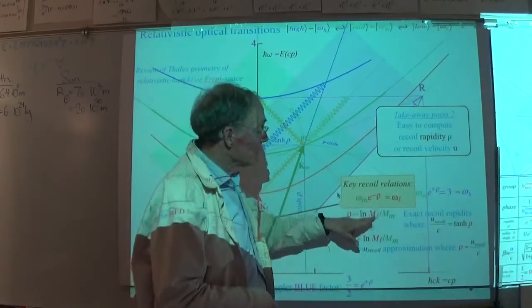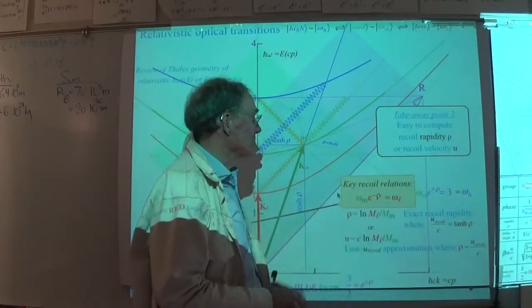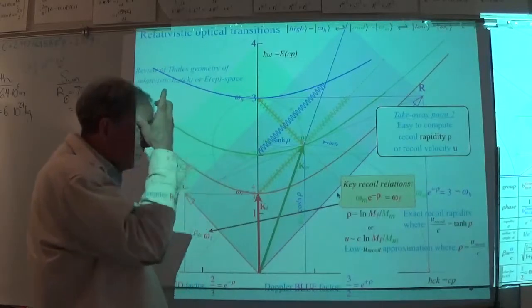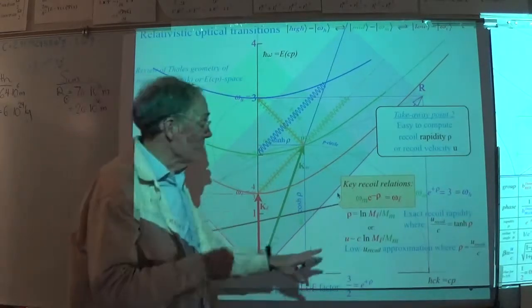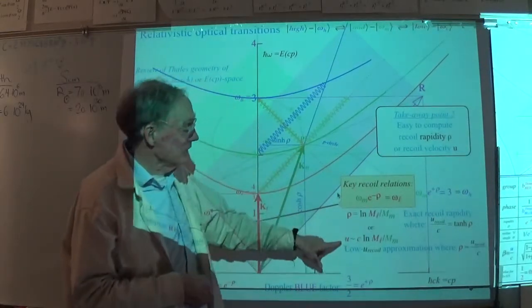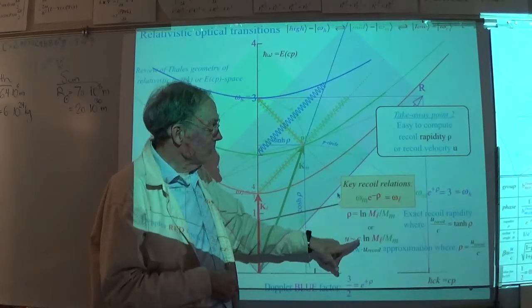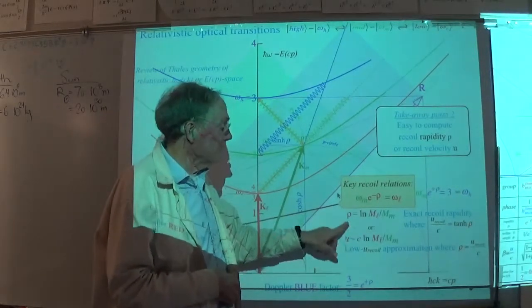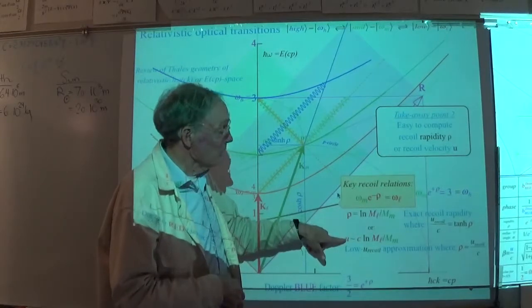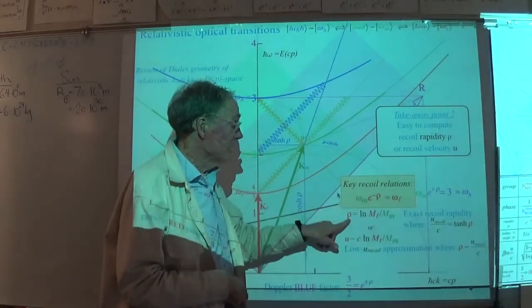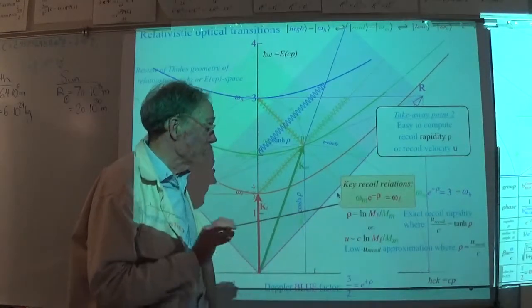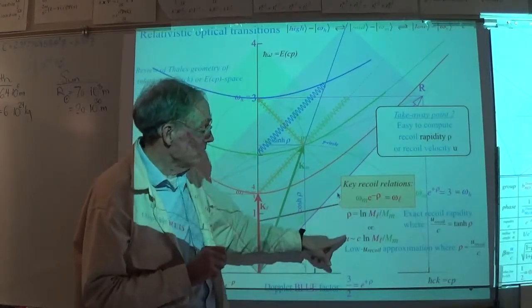Constants times the rest mass. When you do a ratio, those constants disappear. So you end up with a final velocity, the recoil velocity, equal to the speed of light, approximately. That's when rho is nearly equal to u over c. Otherwise, it's exact. But just an approximation for low recoil is this one.